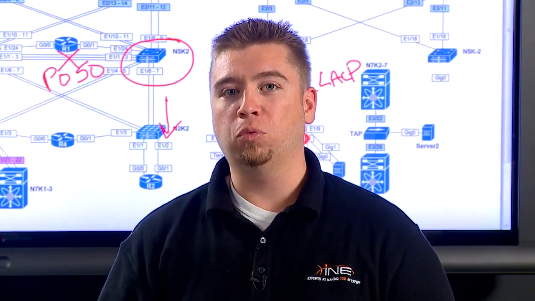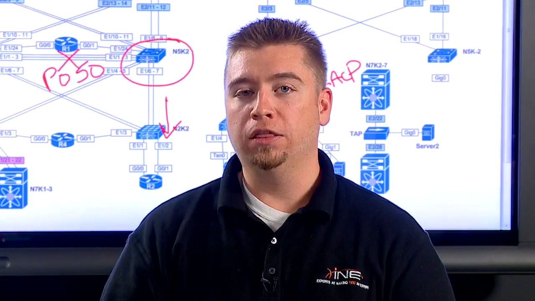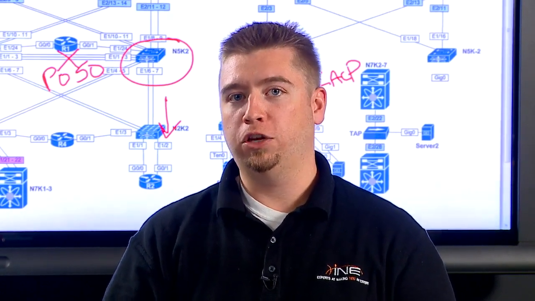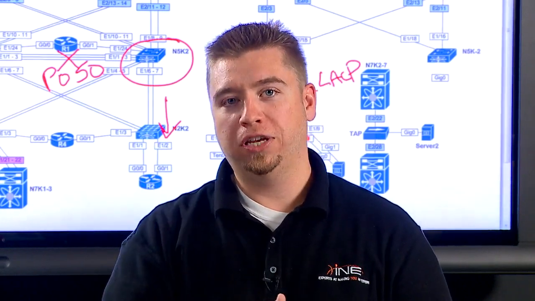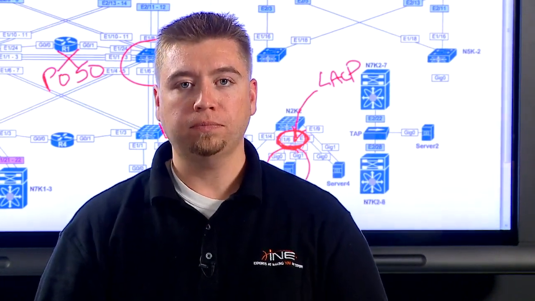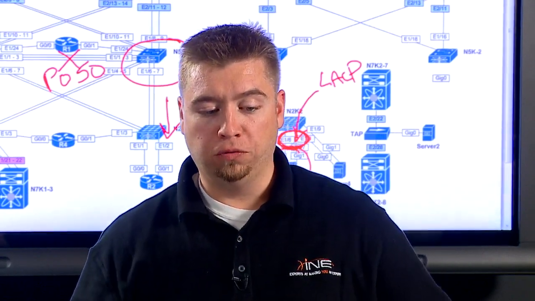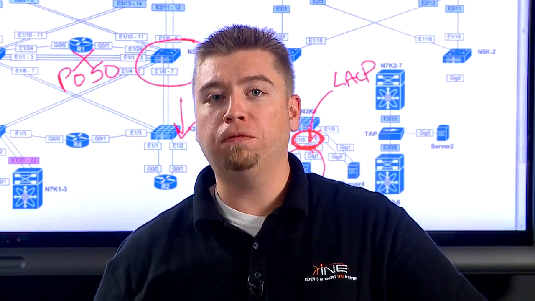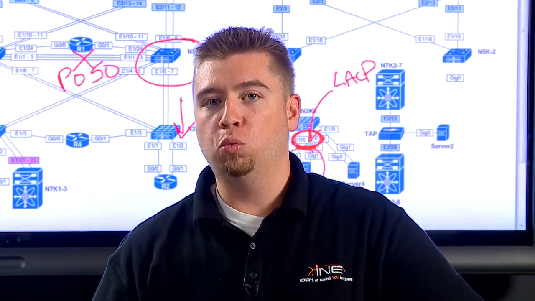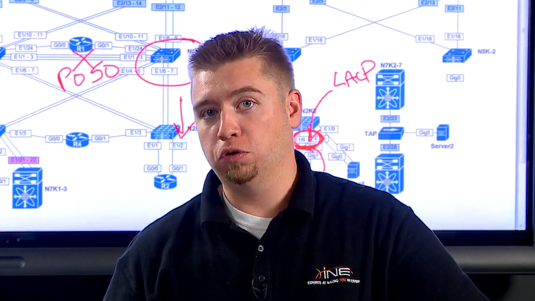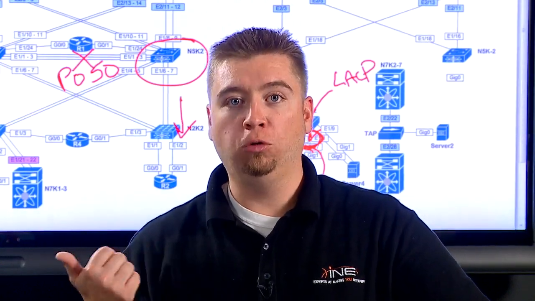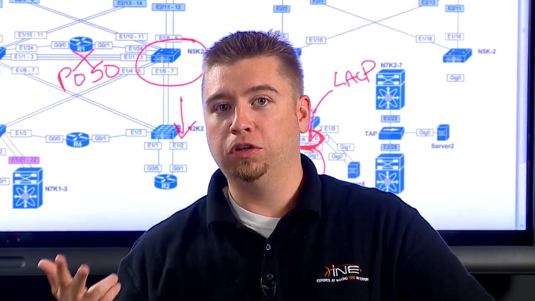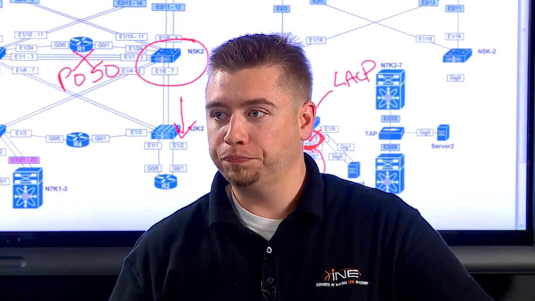So if auto recovery was not able to prevent that, then you have to have a last-ditch effort plan built in that all you have to do is just go to one of them, say no feature VPC, then it's going to fall back to just having one of them as a primary, and then you'll be able to forward the traffic. But the idea is that you should be able to engineer enough redundancy into the 7Ks that you would normally not run into this case in the first place. Because we have redundant control plane with the supervisors, we have redundant power, then we have redundant data plane with the different line cards as well. Okay, exactly.